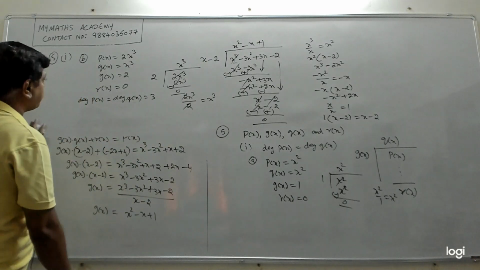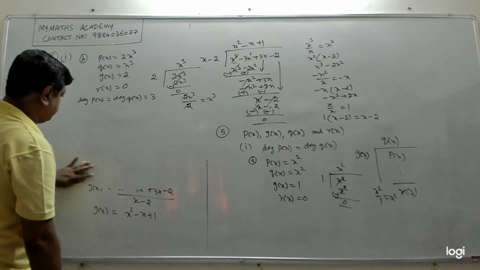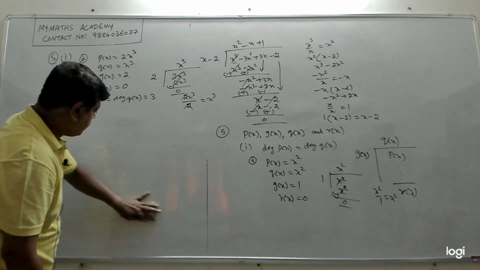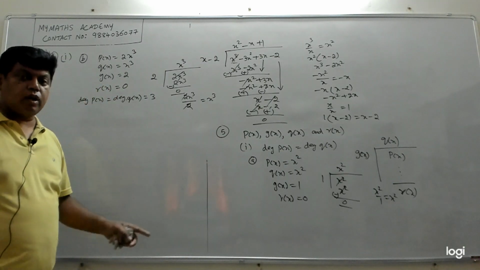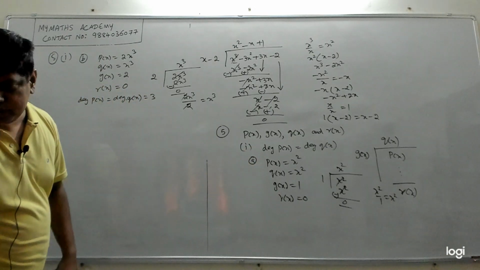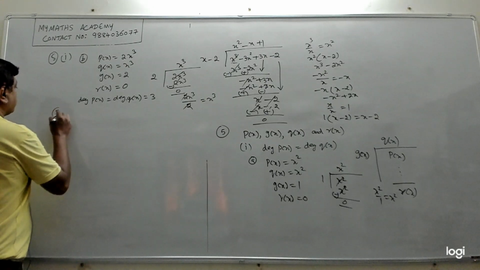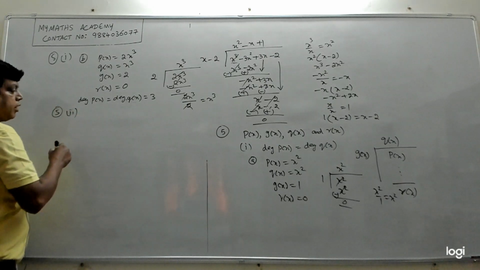So you can give multiple examples like this which satisfy the division algorithm, and it should satisfy this condition also. Then the second one is what? Second question for fifth, second part. Let me give an example again.